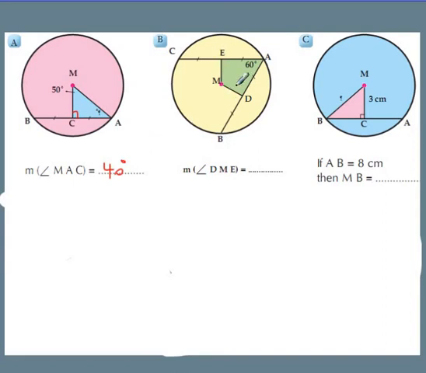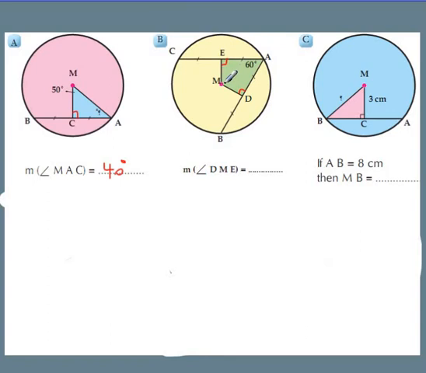Number B. D is midpoint of segment AB. Then MD is perpendicular to segment AB. E is midpoint of segment AC. Then segment ME is perpendicular to segment AC. Figure ADME is quadrilateral. The sum of measures of its interior angles equals 360 degrees.